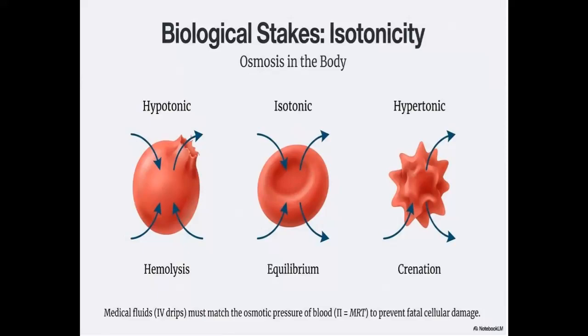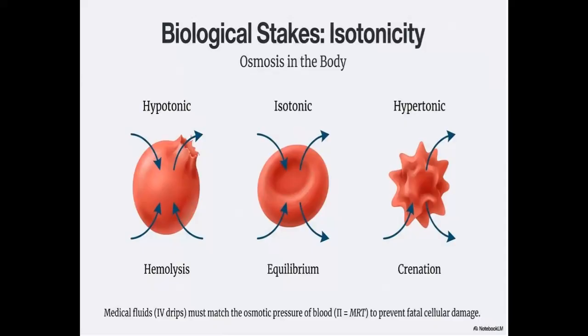If more water starts going into the cell than is going out, then the cell is going to start swelling up until it bursts. We call that a hypotonic case, which is, in medical terms, hemolysis.